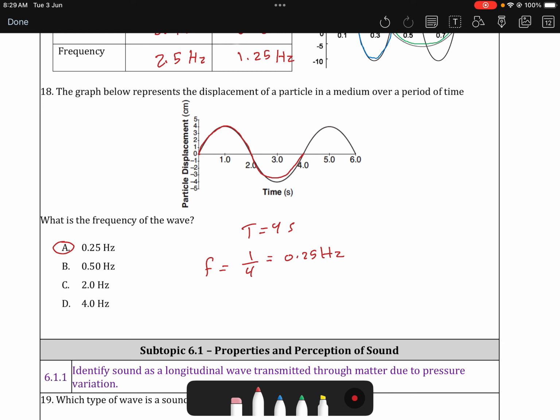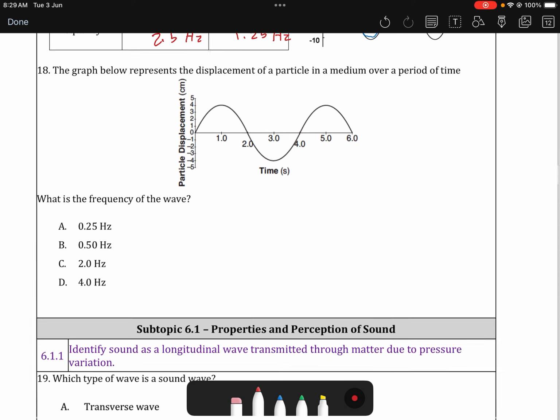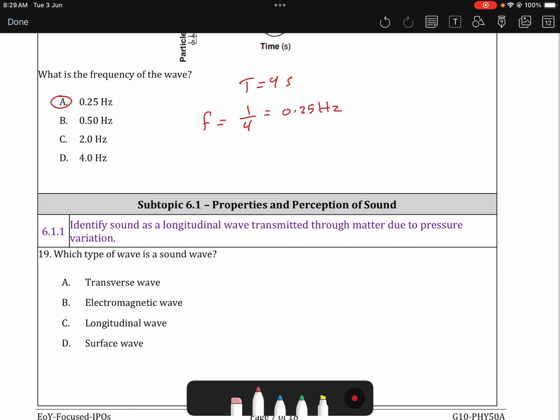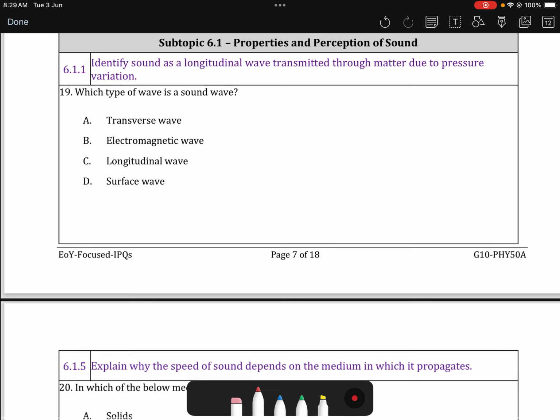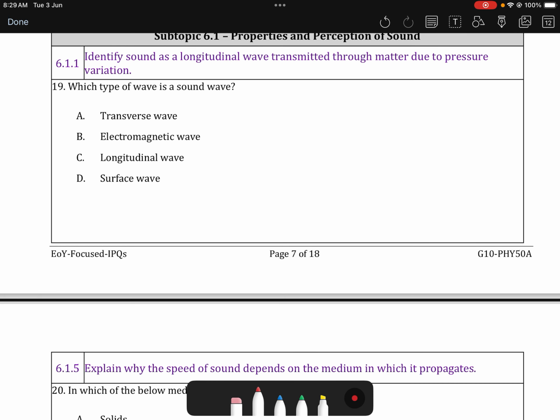Now, let's go to the next topic or subtopic, 6.1. Which type of wave is a sound wave? By definition, the sound wave is a longitudinal wave.